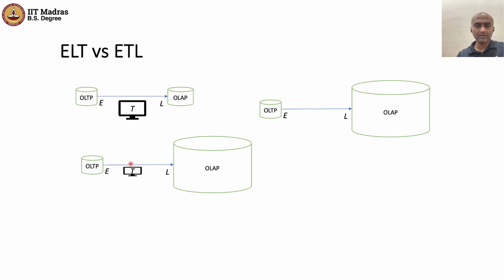And that's where the ETL software running separately on a machine becomes the bottleneck, like we spoke about. So what, therefore, became the approach was to push the transformation into the OLAP, as opposed to doing it outside, in line, as the data is moving through.